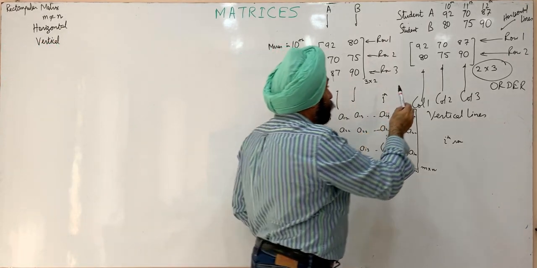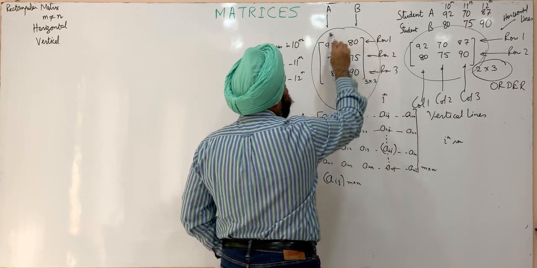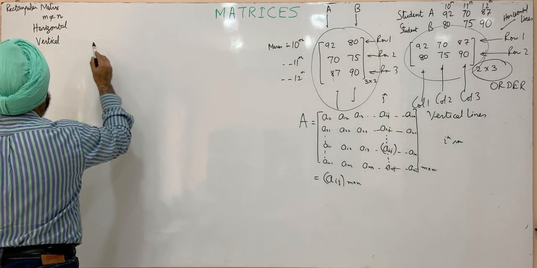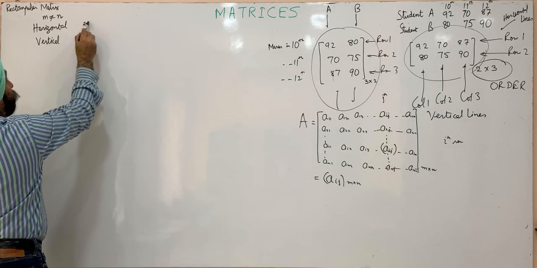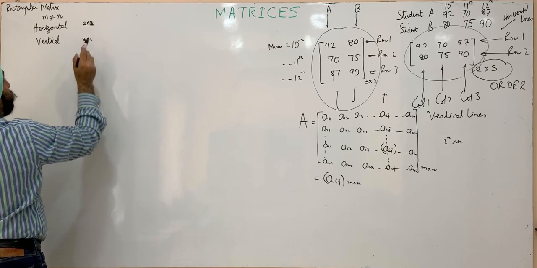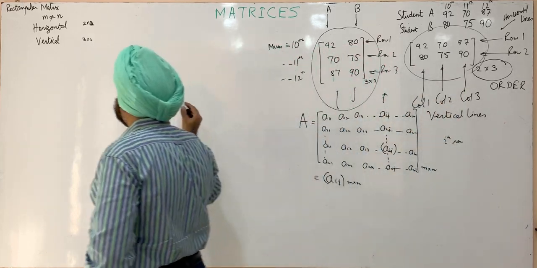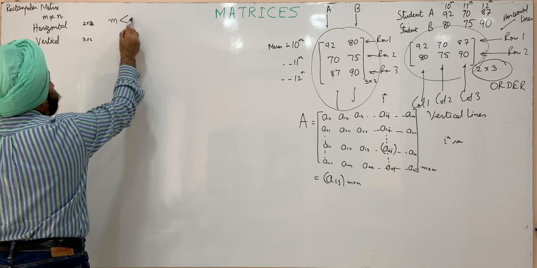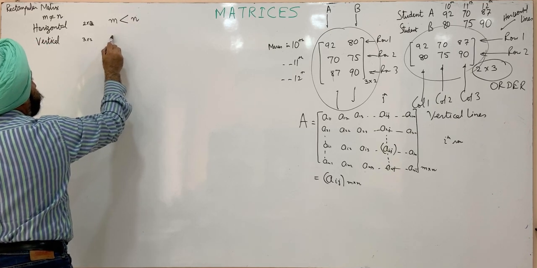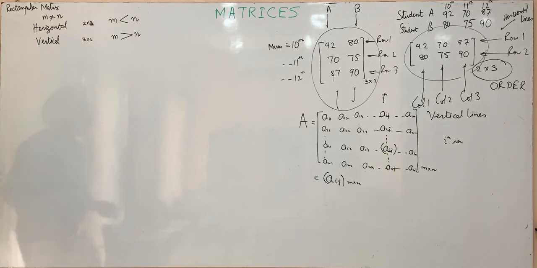This one is the horizontal matrix and this is the vertical matrix. So we have a horizontal matrix which is of order, let's say 2 by 3, and this is 3 by 2. In a horizontal matrix, number of rows m is less than number of columns, and here number of rows is more than number of columns. So if a matrix is spread horizontally, it's a horizontal matrix, and if it is spread vertically, it's a vertical matrix.